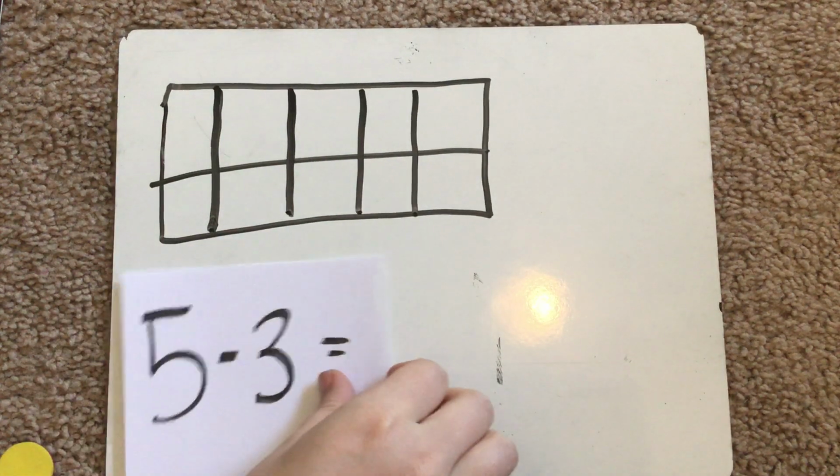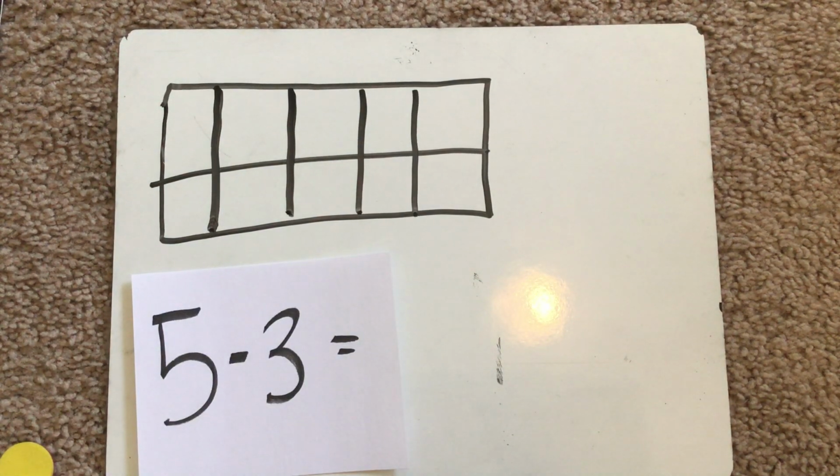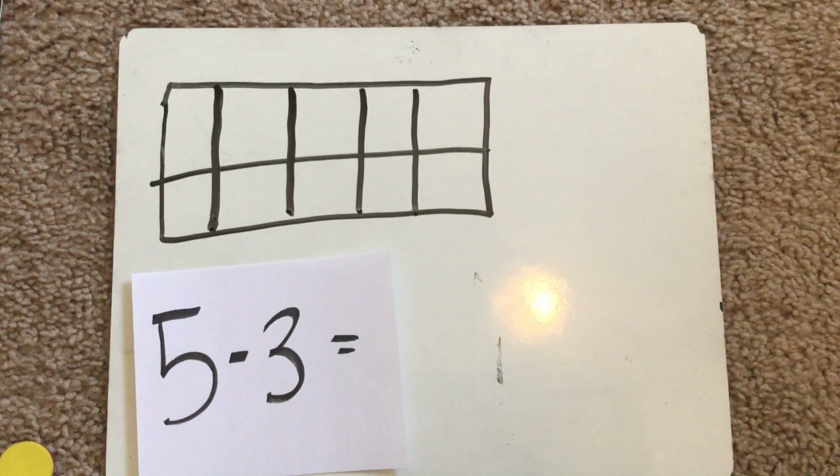Here is my next problem. Read that equation to me. 5 minus 3 equals. What does 5 minus 3 equal? Well, let's figure that out. How many are going to go in my 10 frame? 5.